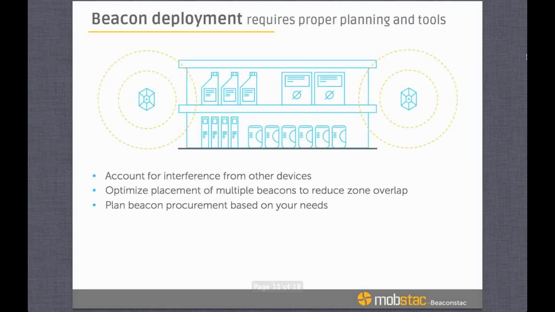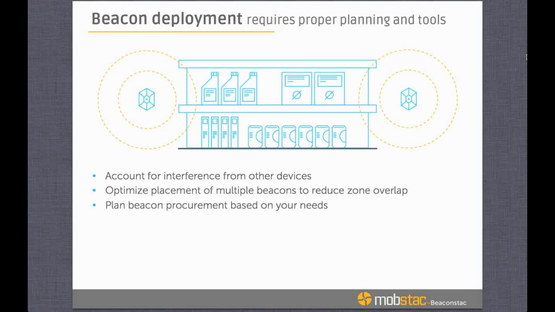You need to make sure your beacon signal is at the proper level at a given location. Let's say you have a shelf or a rack and you place a beacon at a given location and it's servicing 2 or 3 different racks. If the signal strength is not proper because of interference or what have you, you're not going to get the desired results. So it is important to use a proper tool or a calibration app which optimizes placement.